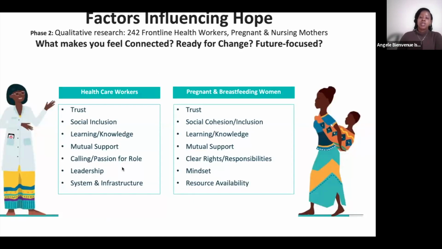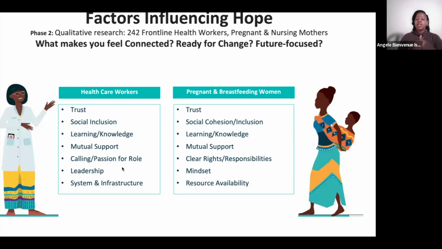The second step after validating the tool was to understand the factors influencing hope in healthcare settings. We asked 242 care providers and their recipients, and in a qualitative study we came up with different themes.